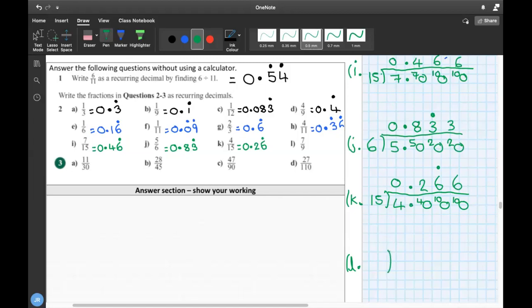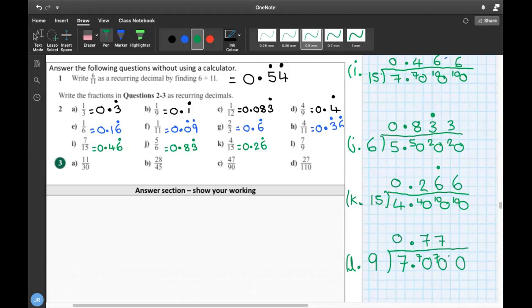Okay, L. 7/9. That is 7 divided by 9. How many 9s fit into 7? None. So we must carry that 7 over. How many 9s fit into 70? Well, 9 times 7, that gets us close to 63. And then we have a remainder of 7 again.